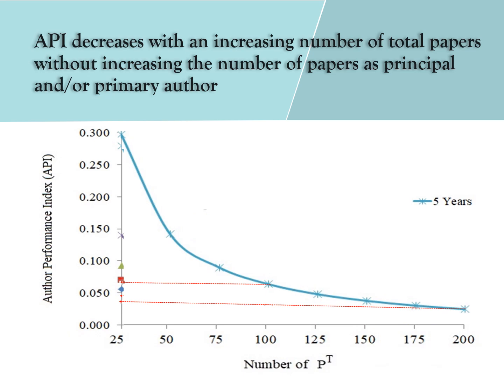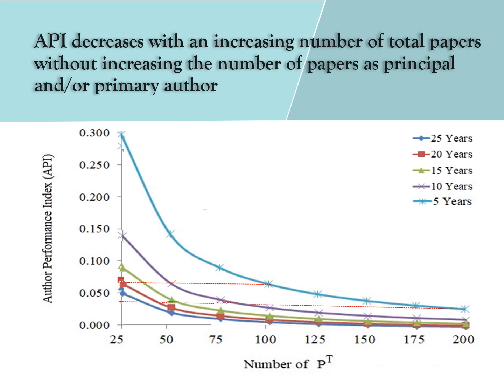In this case, author's API will decrease with an increasing number of total papers. If the author publishes this paper in 5 years, then the API will decrease with the increasing number of total papers published as co-author. Similarly, API will decrease if the author publishes the papers taking longer time period.